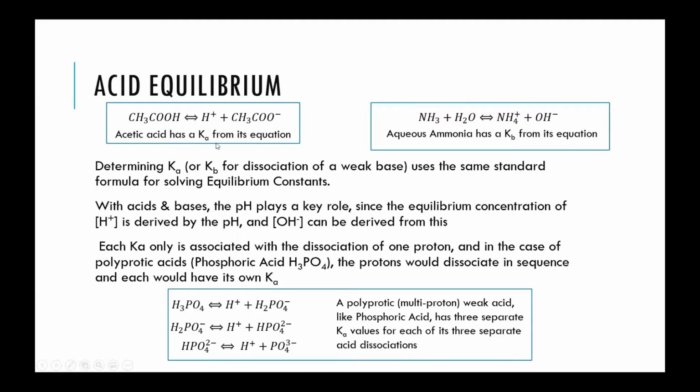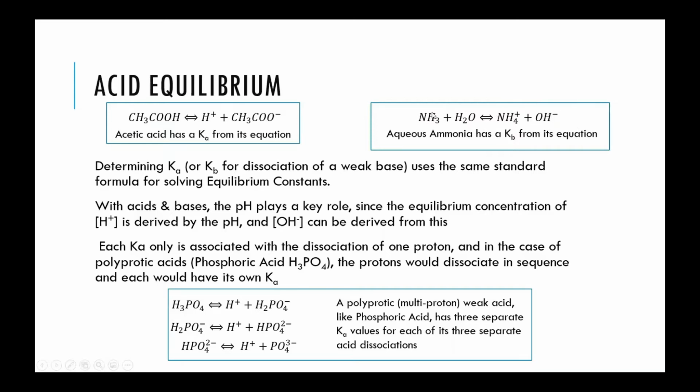So in the case of acetic acid, you have acetic acid breaking apart into H+ and the acetate ion. In the case of a weak base, ammonia reacts with water to generate ammonium and hydroxide.